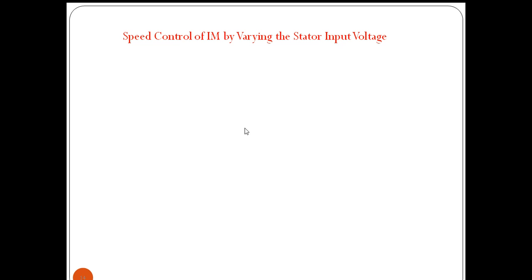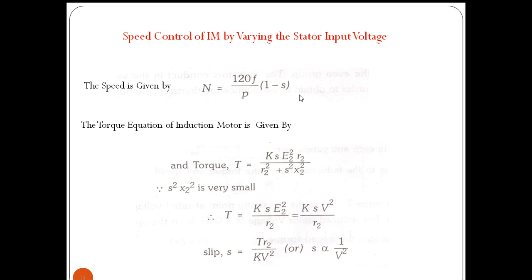Now we will switch over to speed control of induction motor by varying the stator input voltage. The speed of the induction motor is given as N = 120f/P × (1 − s). This we already discussed in this topic. And the torque of induction motor is given as T = k s E2² R2 / (R2² + (sX2)²).